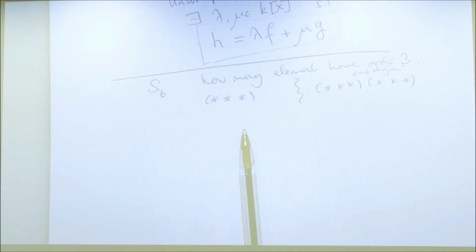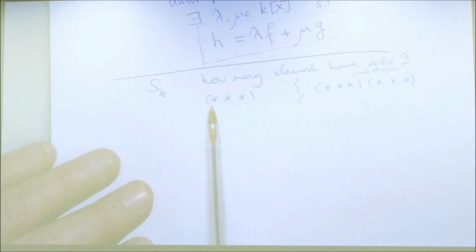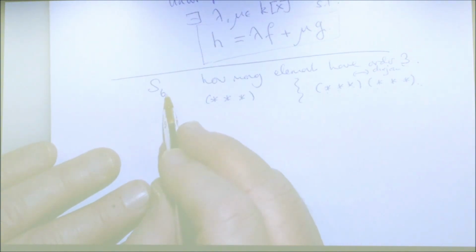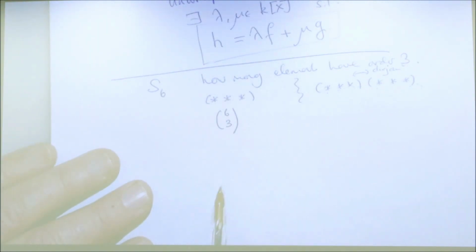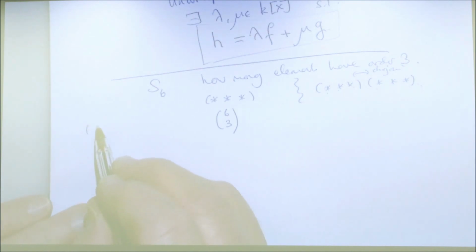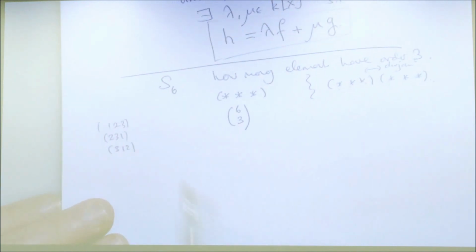So, we're looking for these. This is the easier type. You can choose the three things which go in here from amongst the 6 possible numbers in 6 choose 3 ways. Now, if you've got 3 of them, perhaps 1, 2 and 3, these permutations are all the same permutation. They're different ways of writing the same thing. 1 goes to 2, goes to 3, goes to 1.